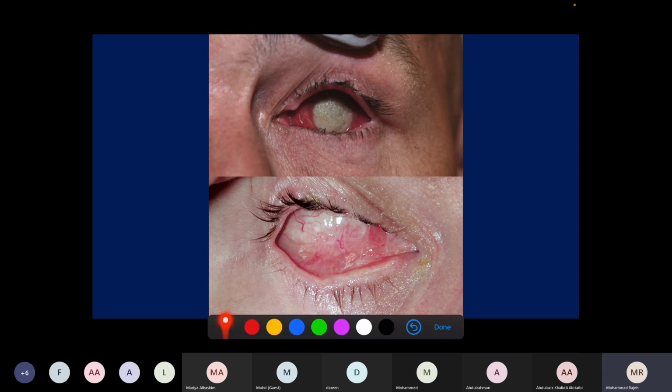So what's the treatment for implant exposure? A scleral patch graft and suturing the conjunctiva over it. Basically, this is the short answer.